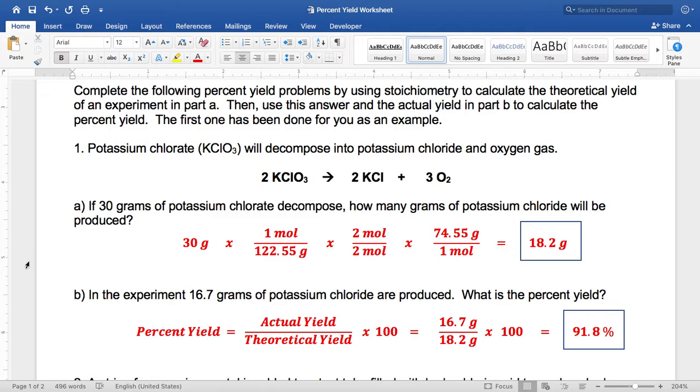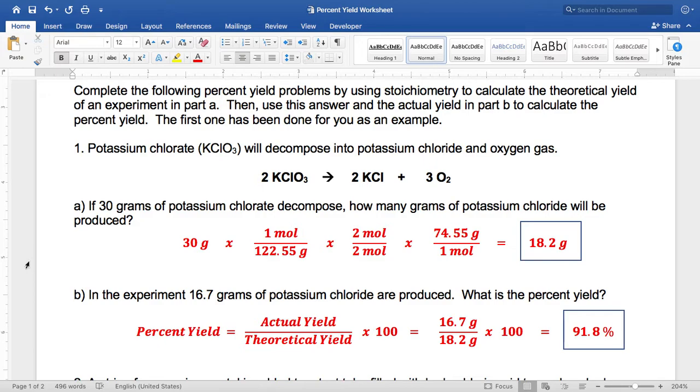So here's the balanced chemical equation for potassium chlorate breaking down into potassium chloride and oxygen gas. Now, in part A, it says if 30 grams of potassium chlorate decompose, how many grams of potassium chloride will be produced? Let me talk through this problem.